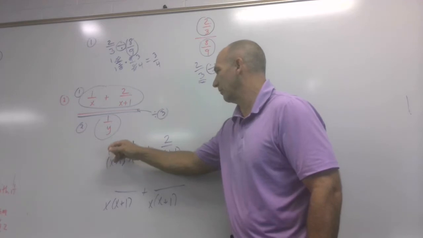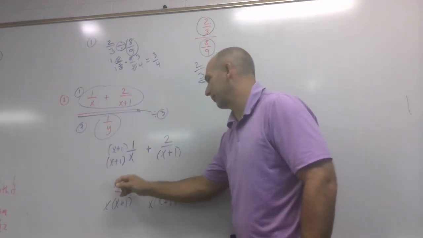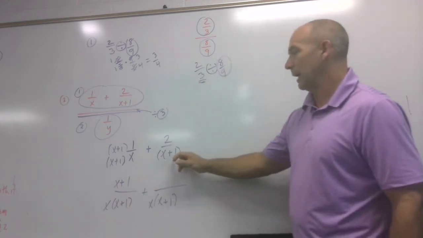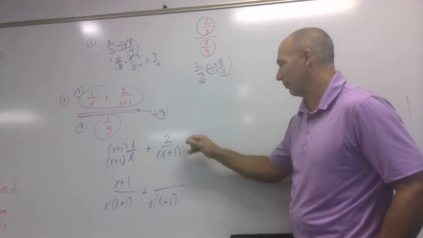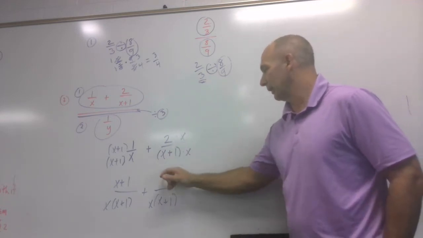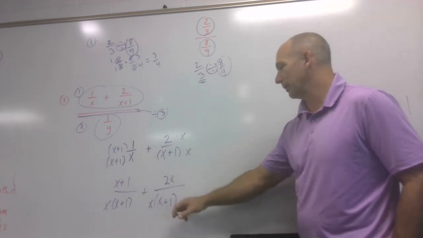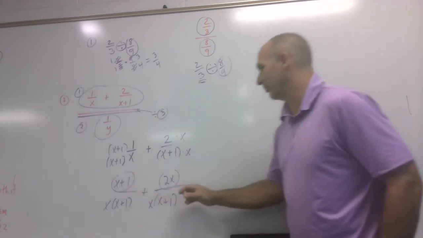Then I'd have to do the same thing to the top. So anything times 1 is just itself. Now what do I got to multiply x plus 1 by to get this? Well, that would be times x. So I got to show my work so my brain doesn't malfunction. So I get 2x all over my common denominator. And now I've got common denominators so I can add like terms in the numerator.